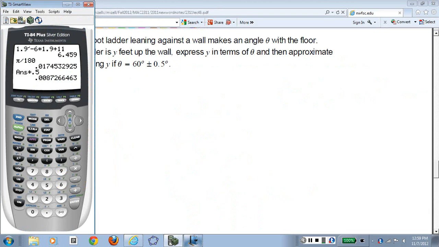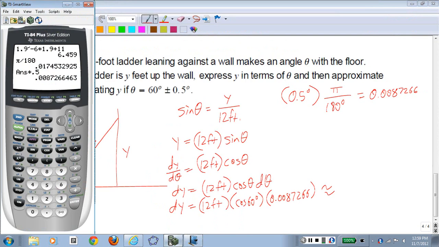And I think we can get that by taking the 0.008726, multiplying it by 12, and by the... I just don't know what mode my calculator's in. Now I do. It's in degree mode. Multiply by the cosine of 60 degrees.